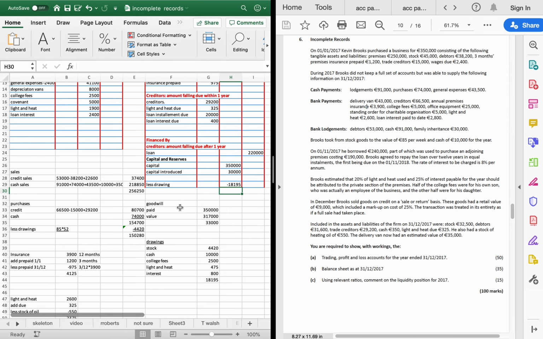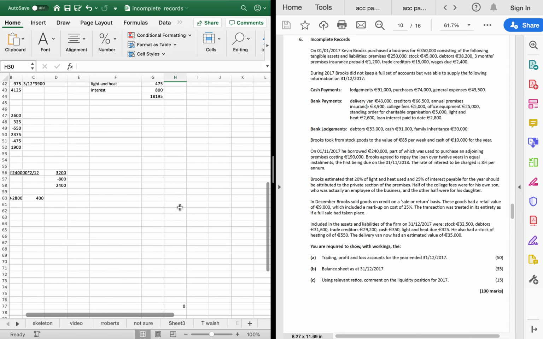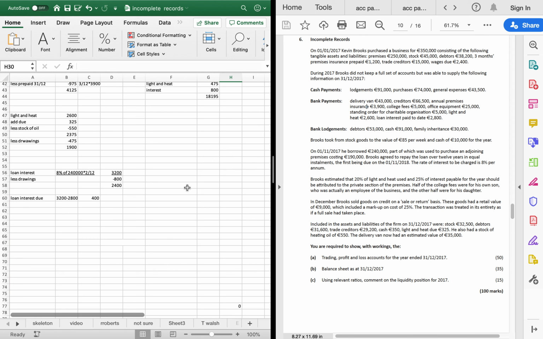Okay, and the last thing then is to work out how much money we have in the bank. To do that, you make a T account. I'll come down here to do it. In the bank account, I'm going to put all of my lodgements on the left hand side.